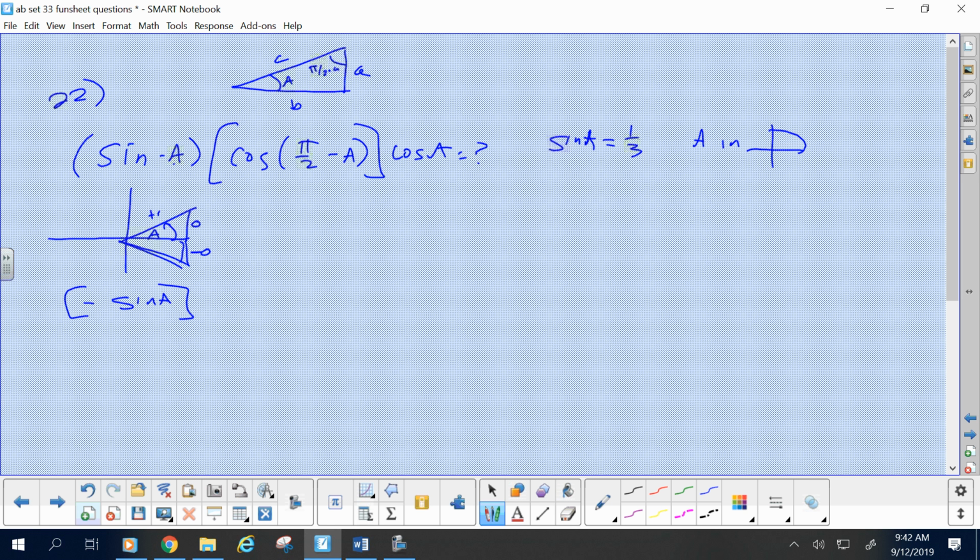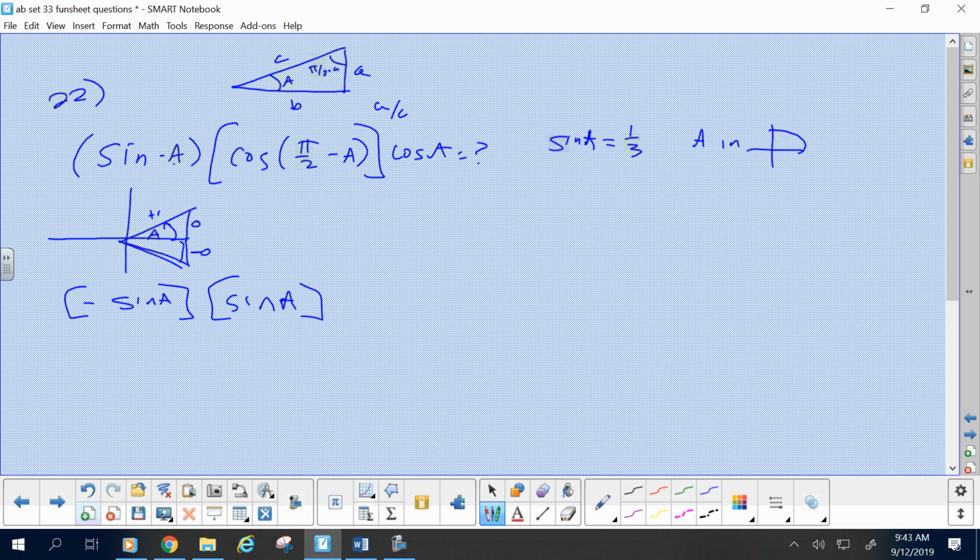Cosine is adjacent to hypotenuse. Cosine of pi over 2 minus a is A over C. Isn't that the same as the opposite of this angle, A over C? So cosine of the other angle, these are called cofunction identities. Cosine of the other angle is the same as the sine of the original angle in the triangle. So that's sine of a.